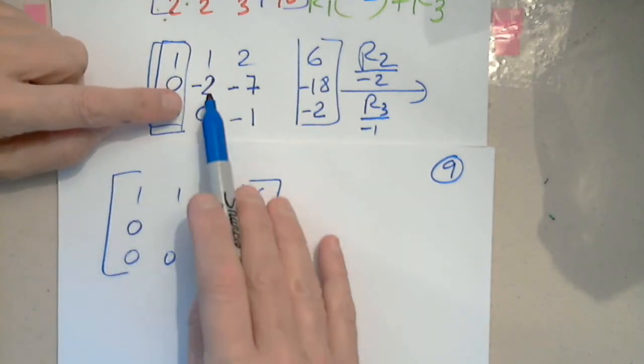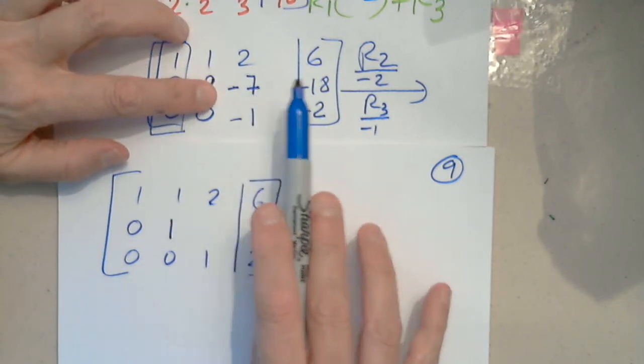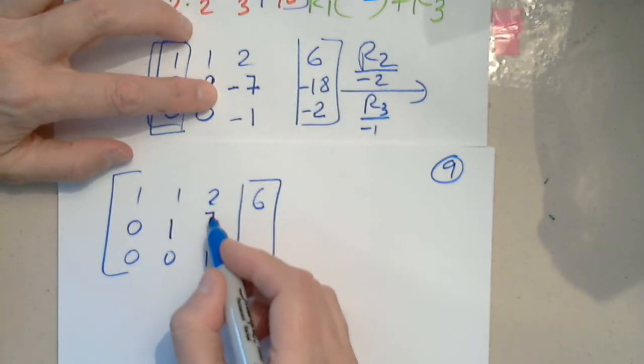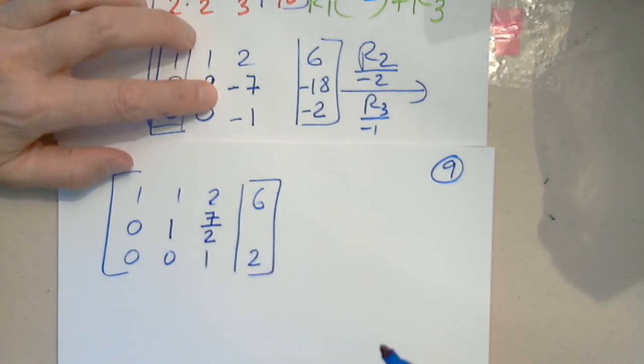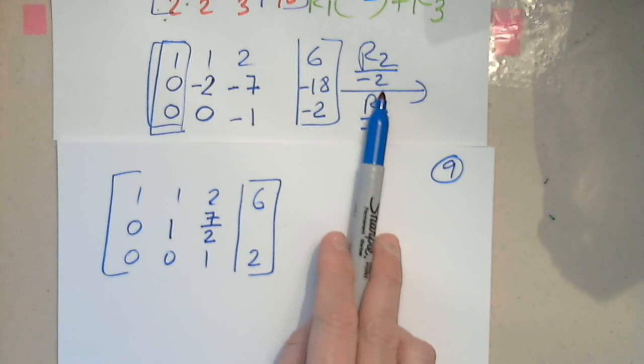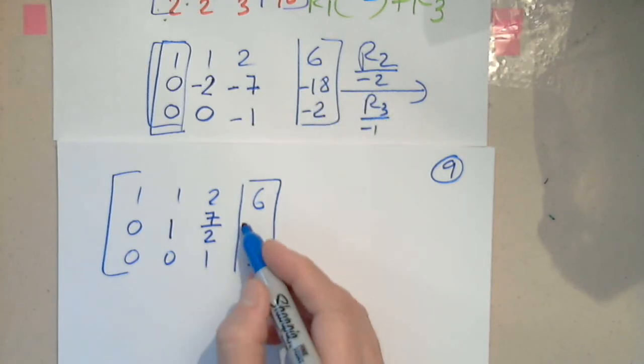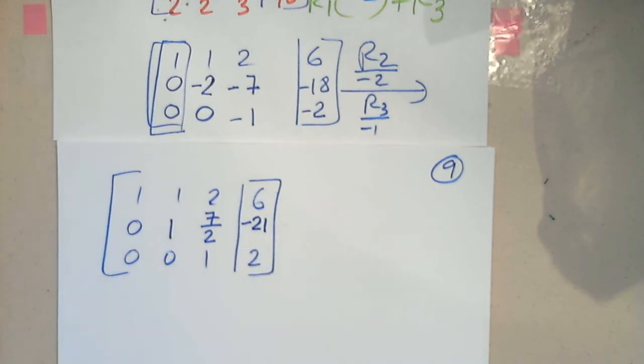Now I have 0. -2 divided by -2 is 1. -7 divided by -2, I know it's ugly, but that's what it is, 7/2. 6 divided by -2 is -3. -3 minus 18, -21.